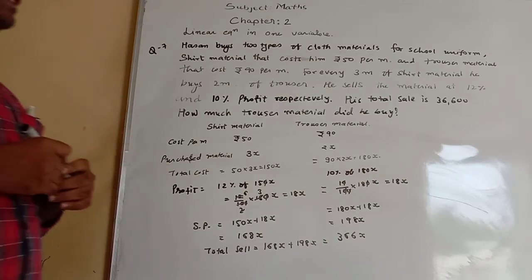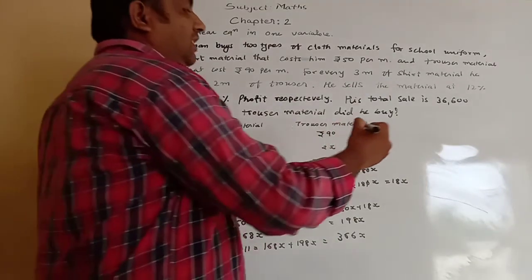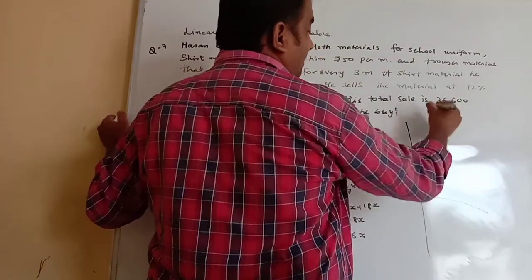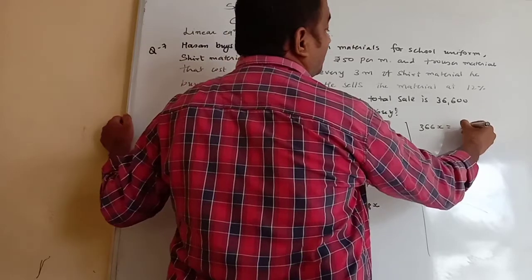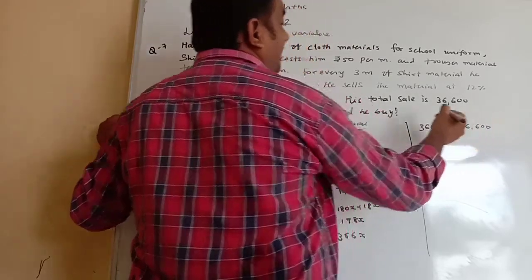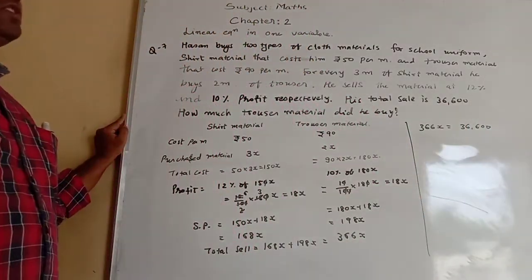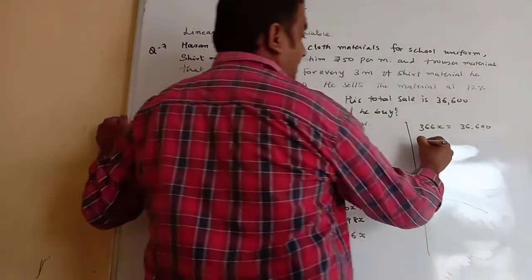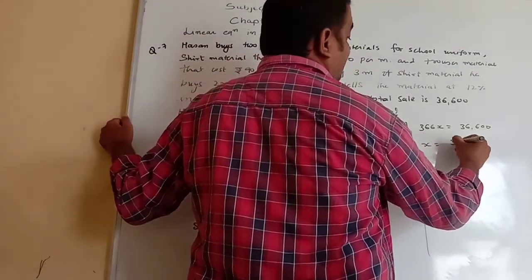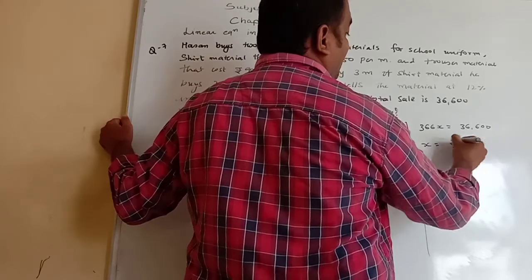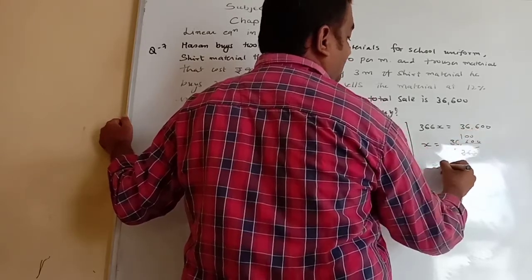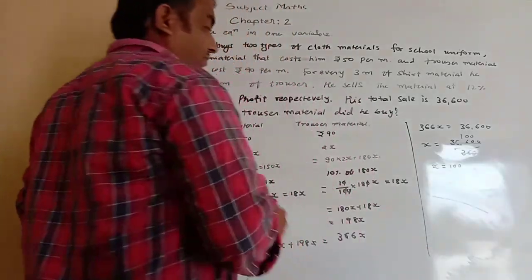So the total sale is 366x, and the total sale is given as 36,600. So 366x equals 36,600, and x is equal to 36,600 divided by 366. Simplifying, it gives 100, so x is equal to 100.